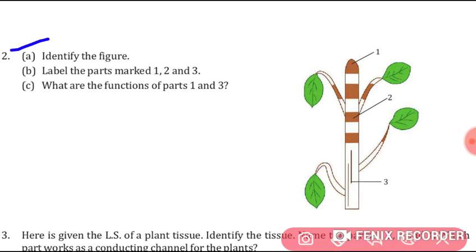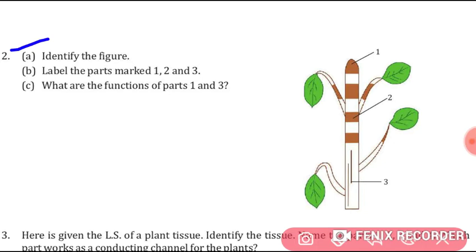This figure is of longitudinal section, L-O-N-G-I-T-U-D-I-N-A-L, longitudinal section through the growing shoot tip.